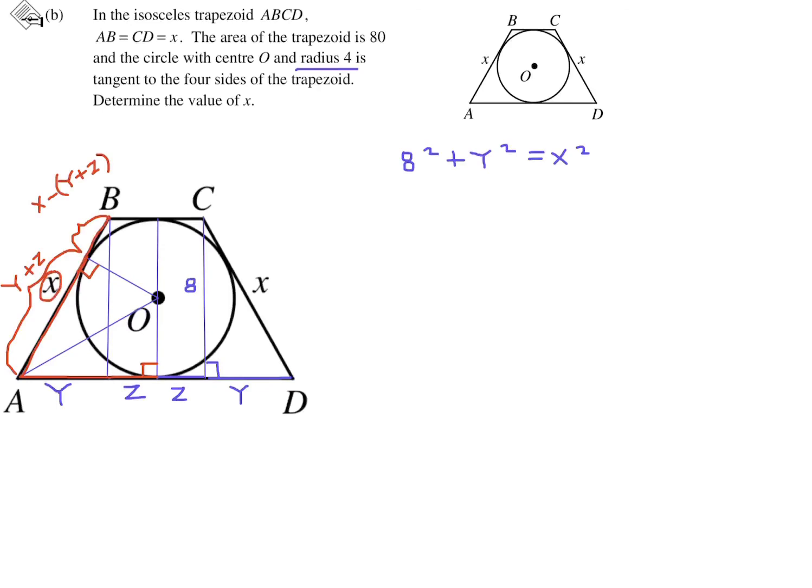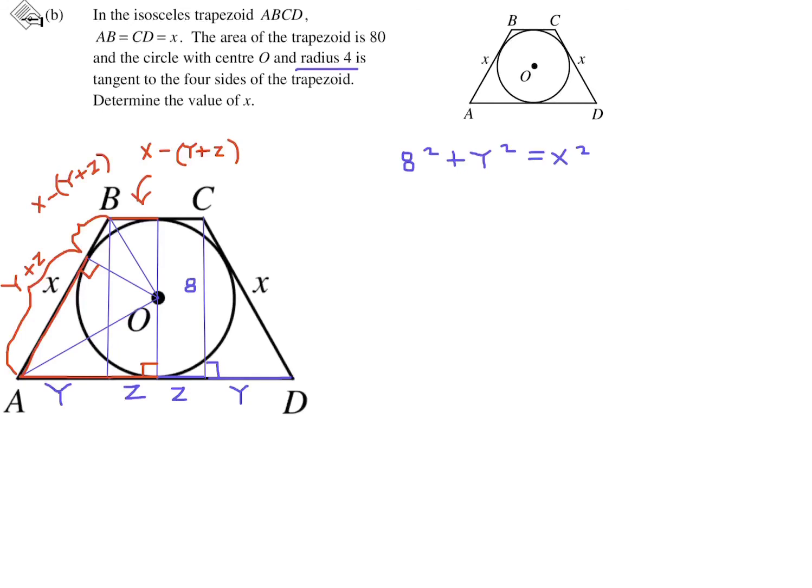Because the whole distance was x. Okay? And now, I hope you see that when I draw one final line from B to the center, like this, we've got two identical triangles once again. You've got this one and this one that are identical. So therefore, this side here is also going to be x minus y plus z. All right? So now we have everything that we need.